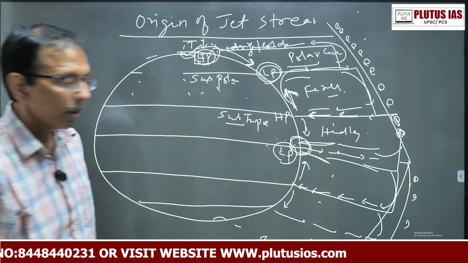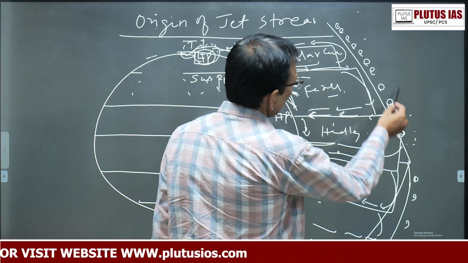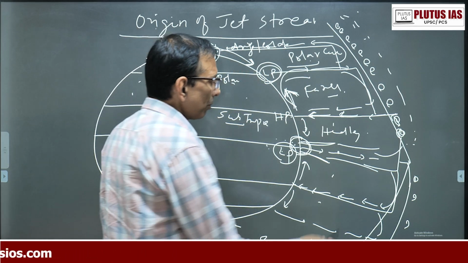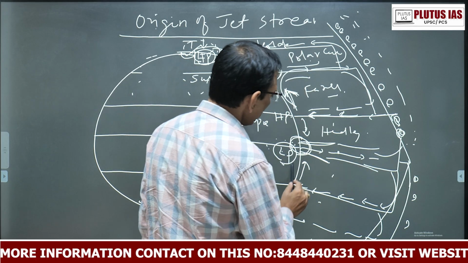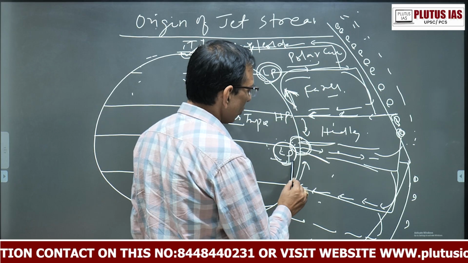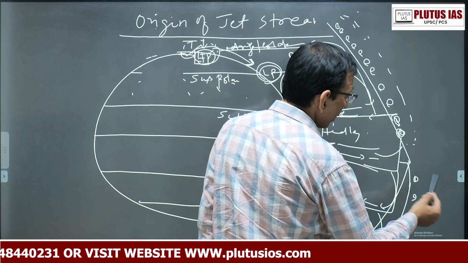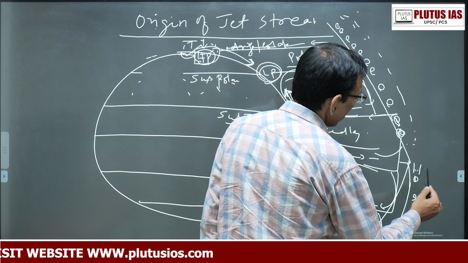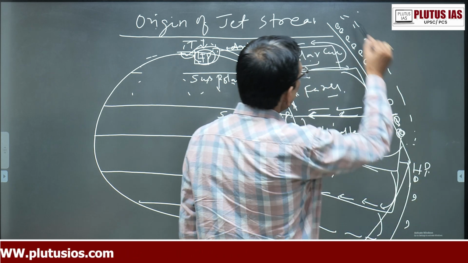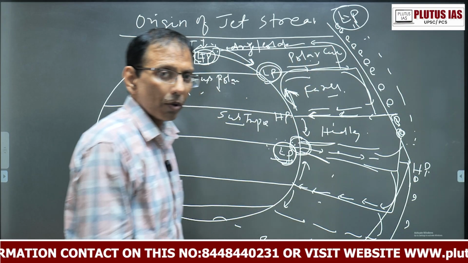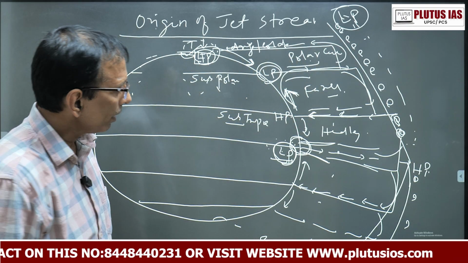On the same way the air of the upper troposphere, with the development of pressure gradient, because at the surface of the equatorial region there is low pressure and at the higher reaches of the troposphere there is high pressure. On the same way low pressure region is present in the polar region of tropospheric height.